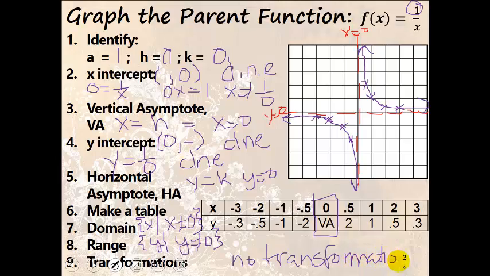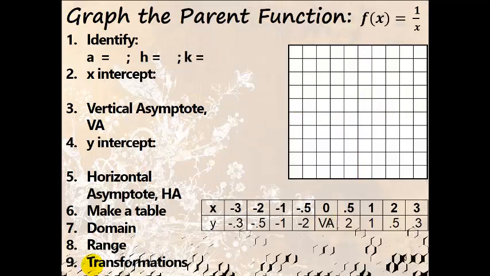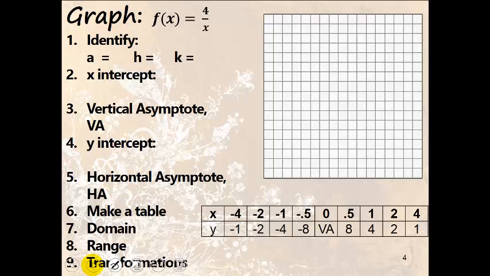Okay? All right, now we're going to graph 4 over x. f of x equals 4 over x. So I'm going to identify a, h, and k, and I get a is 4, h is 0 because there's nothing being added or subtracted down here. Okay, h is 0, and k is 0.